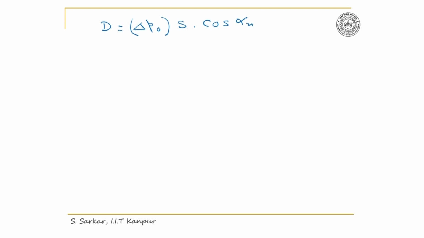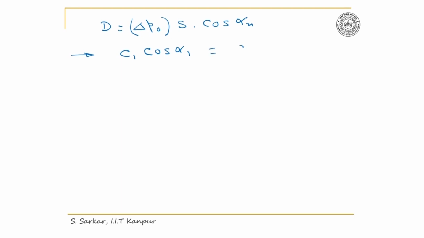Now, from the velocity triangle, I can write another equation that C1 cos alpha 1 is equal to Cz.